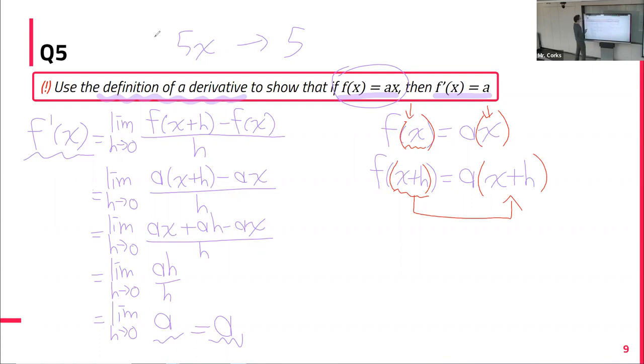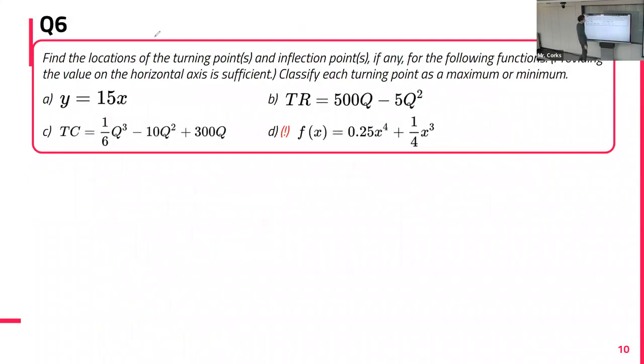Okay, next question. Critical points, so turning points, inflection points for each of these. Again, we'll do A and B first. I'll give you 2 minutes to work on A and B, and then we'll look at C and D after that.